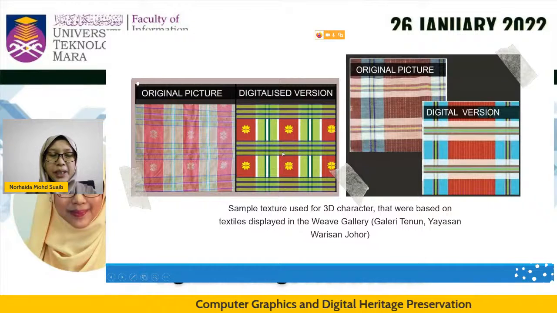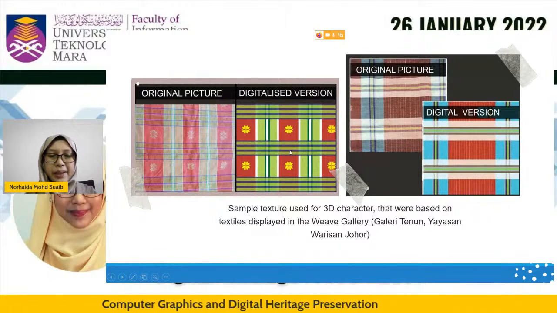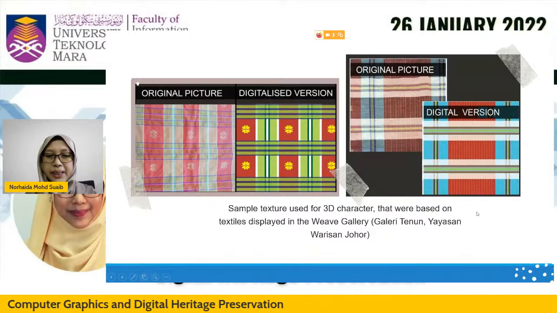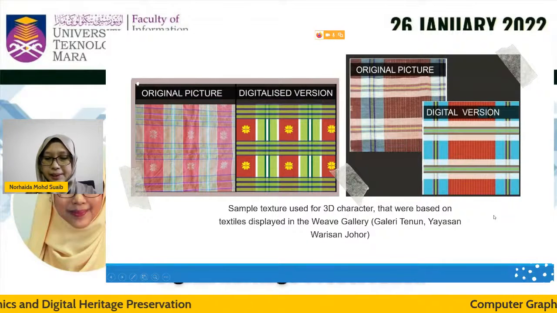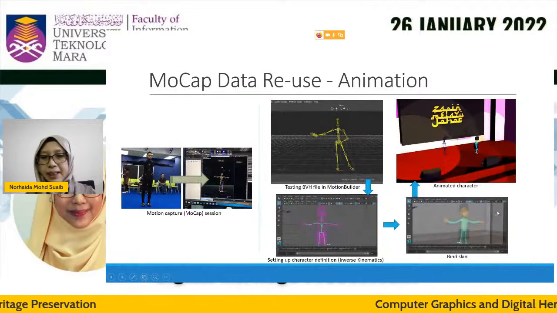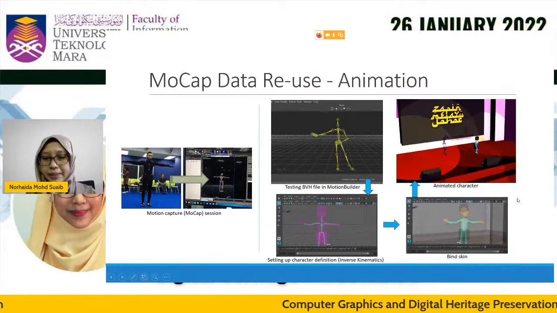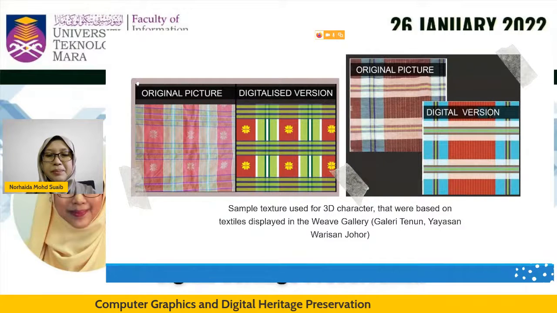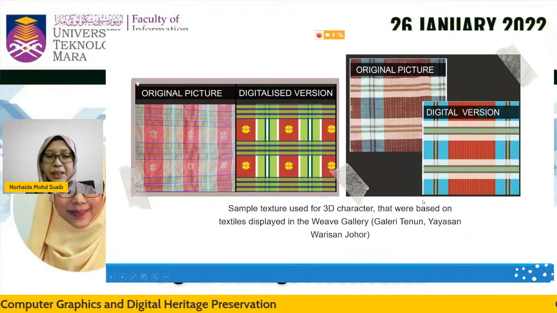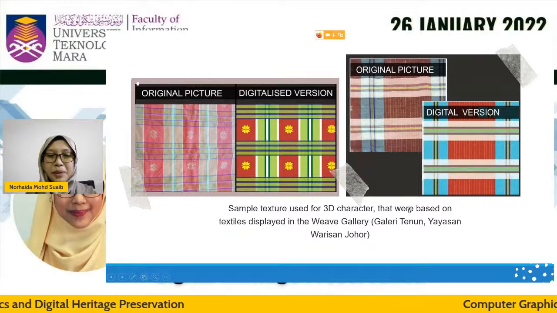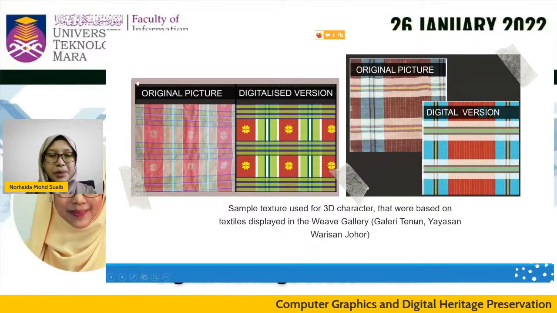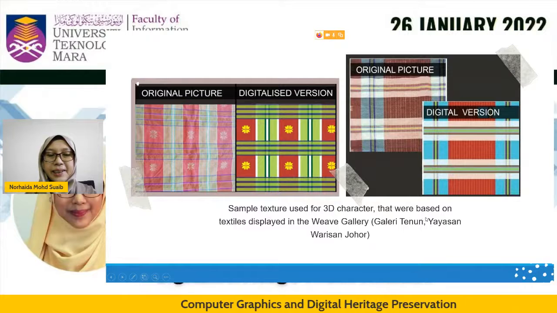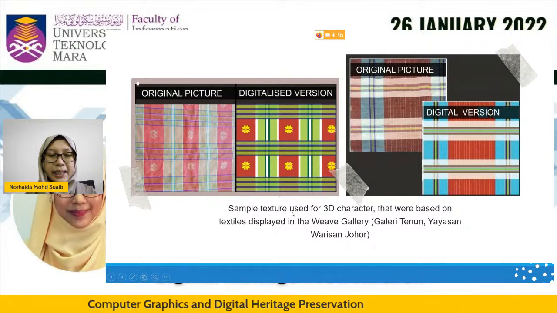Supposedly, this is to be worn with the model, but then during testing, as you can see previously, the model does not use it. One of the reasons is that mostly in UTM, our students are more on programming and less on the artistic or modeling aspect.